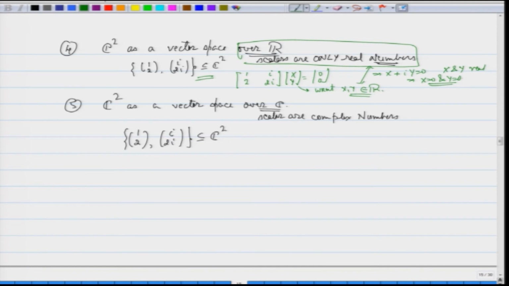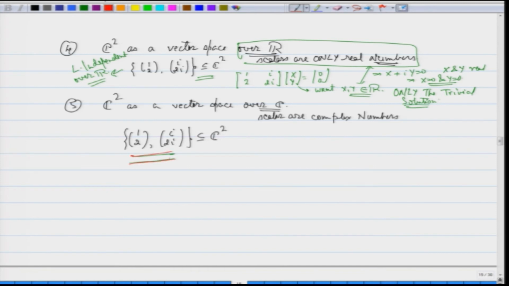So, therefore, we only have the trivial solution. Is that okay? So, therefore, this is linearly independent over R. Fine. But let us look at this example now, all right.